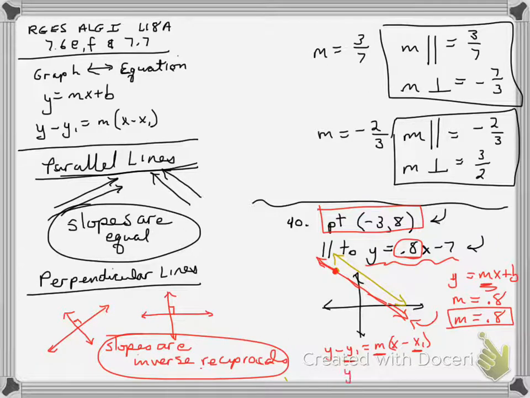So it becomes y, look at your point, minus 8 equals, look at your m, 0.8, x minus, look at your point again and read the x value, x minus a negative 3 or x plus 3. And that's all there is to it. Now, this would be a little challenging to graph with that 0.8 there, but it's very simple to write the equation. Let's look at a few more.